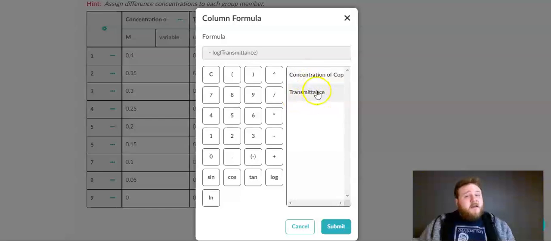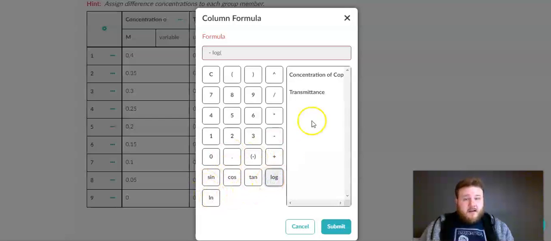This gives you the name of every other column. If I click C, I can clear it. You can't really type in here; you have to type using these buttons, with negative for the negative log.